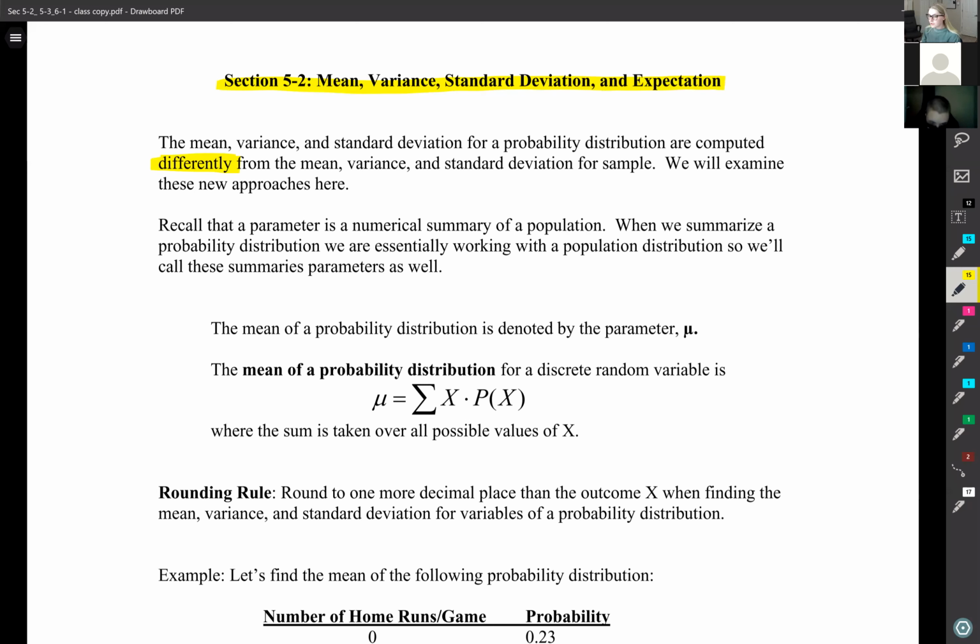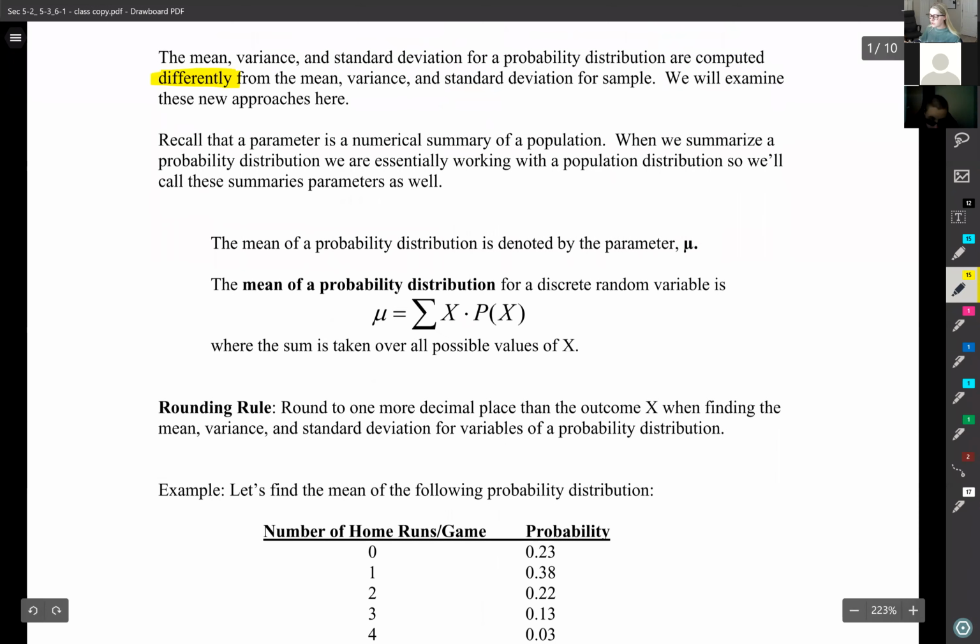Okay, so the first concept is the mean. The mean of a probability distribution is denoted by the parameter mu. This probably looks familiar. We defined mu before and said that it was also the mean. So this is mu again, but it's just the mean of the probability distribution.